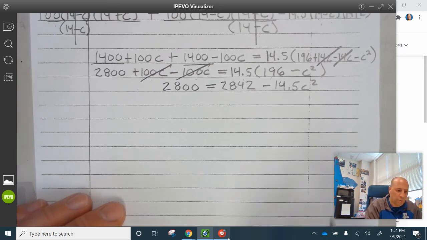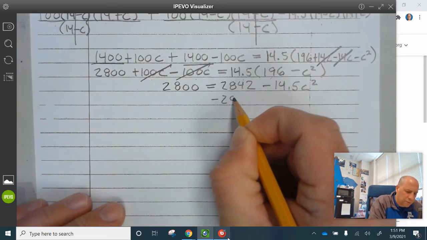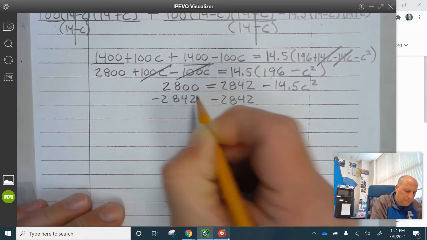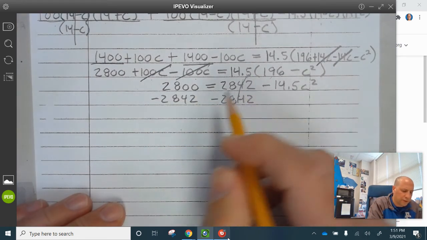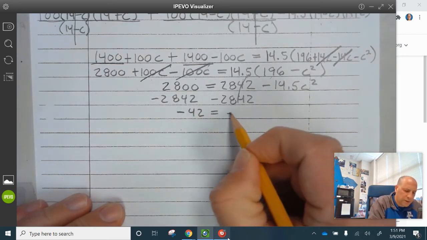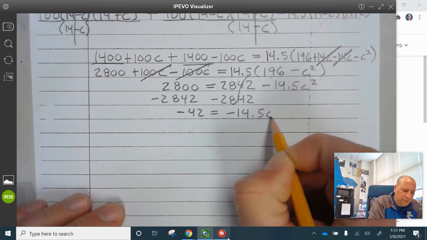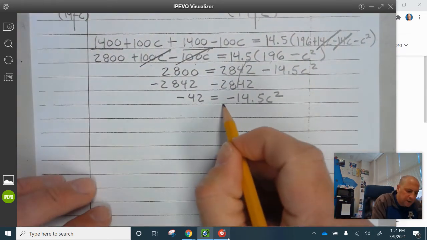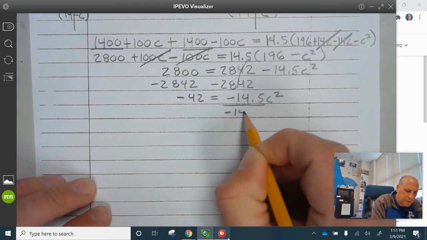Now we're going to subtract 2,842 from both sides. That cancels. You're left with negative 42 equals negative 14.5 c squared. Now we're going to divide both sides by negative 14.5.